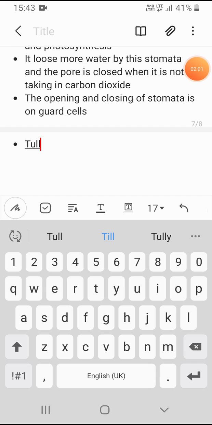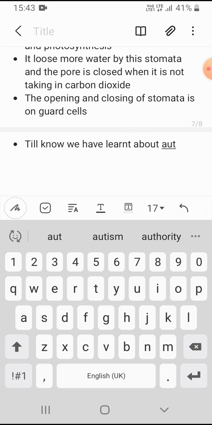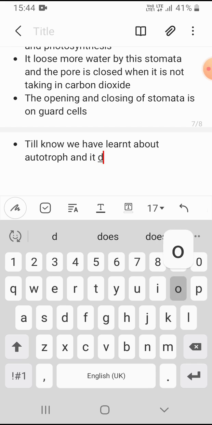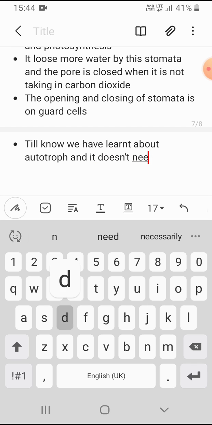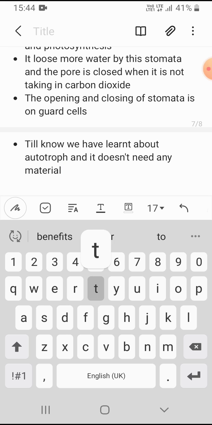Till now we have learnt about autotrophs. An autotroph does not need any other material to do its work.